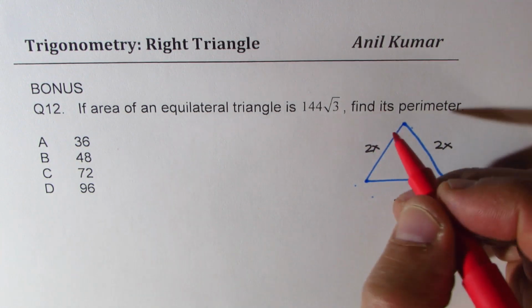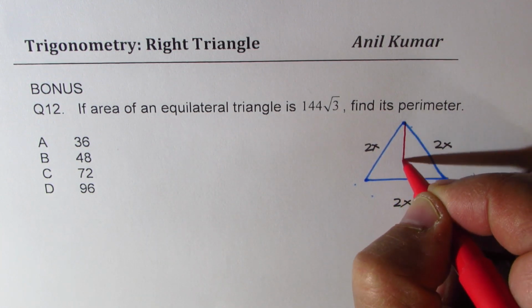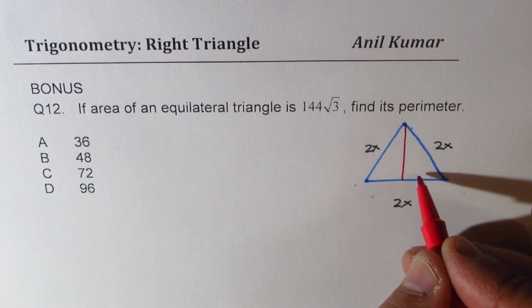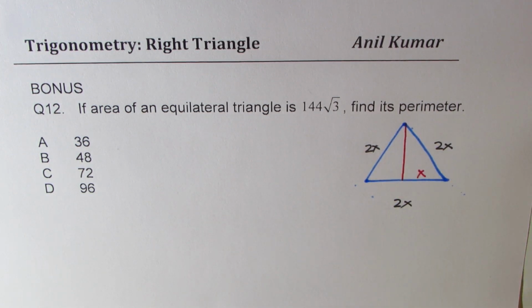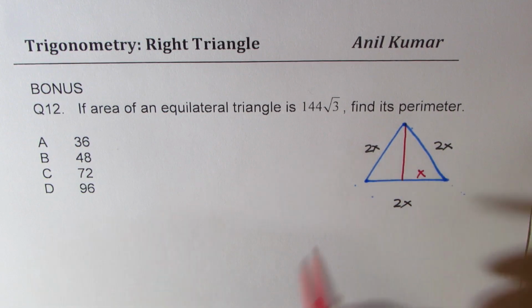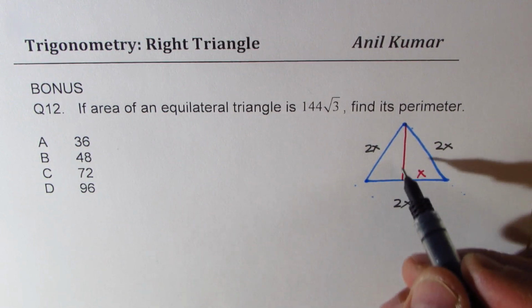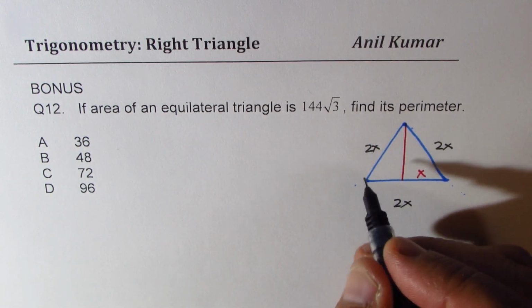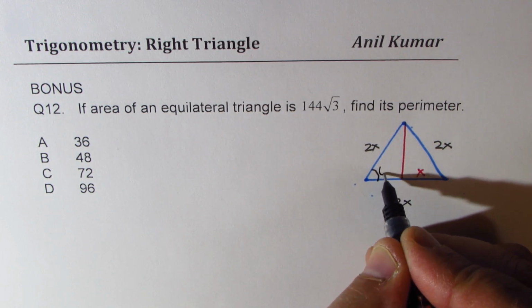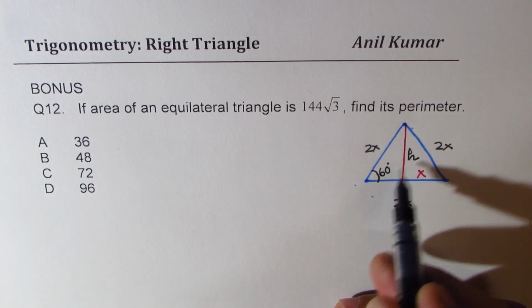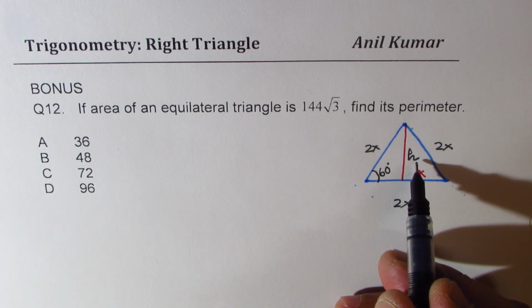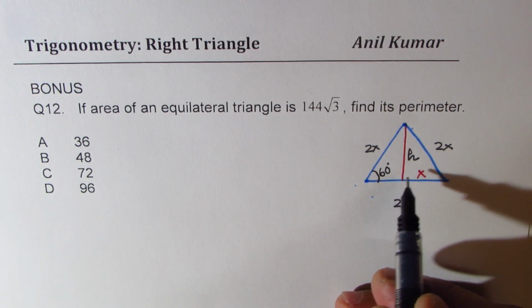Area, as you know, is half base into height. So in this case, if half the base is x, what is going to be the height? We know this angle is 60 degrees, correct? So let's assume h. We could use special triangles and do it very easily, but let's go a step further.